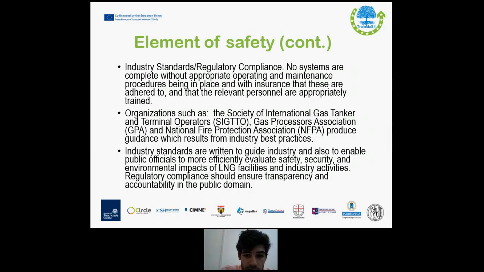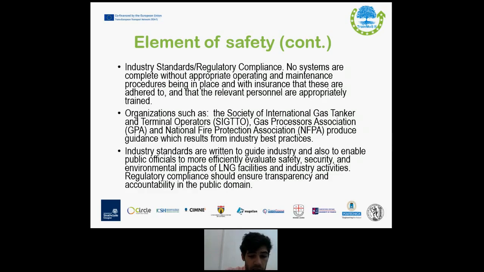Actually, no systems are complete without appropriate operating and maintenance procedures being in place and with assurance that these are adhered to and that the relevant personnel are appropriately trained. Organizations such as the Society of International Gas Tanker and Terminal Operators, Gas Processors Association, and the National Fire Protection Association produce guidance which results from industry best practices.